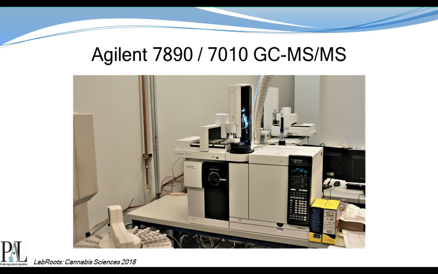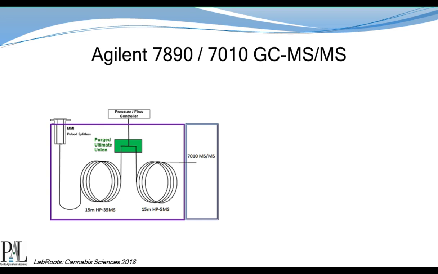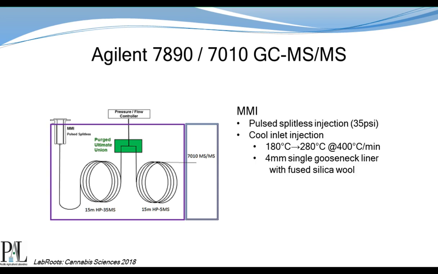So on the GC side, we're using an Agilent 7890 with the 7010 detector. And then we've got it configured with a midpoint pressure system, and this allows us to do some back flushing, which is really great for this matrix because it's going to help you keep your inlet in much better shape for those longer overnight runs.